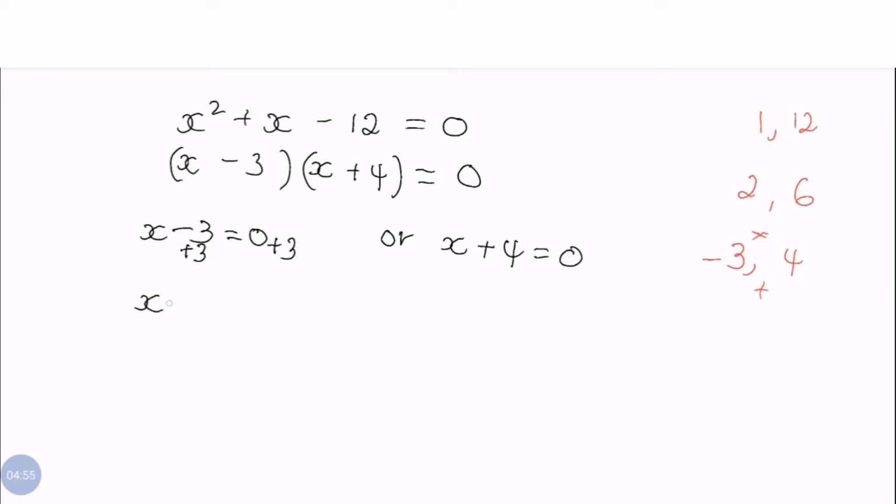So we'll have x is equal to 3. Or on this side as well, to take the positive 4 from the left hand side to the right hand side, we will have to subtract it here and subtract it here as well, such that we have x is equal to negative 4. So now we have solved our x. X is equal to 3 or x is equal to negative 4.